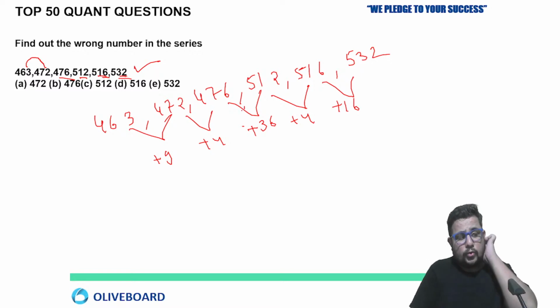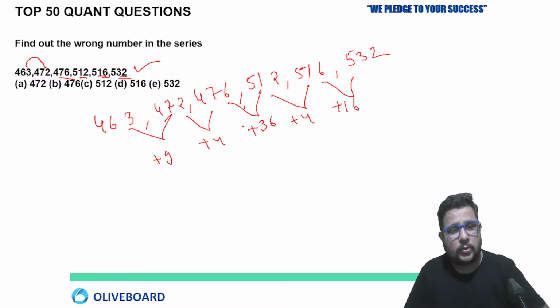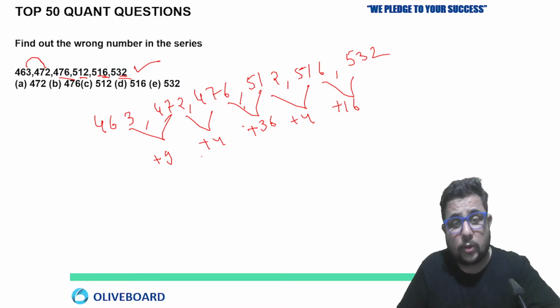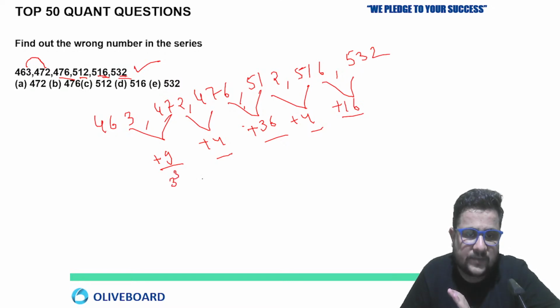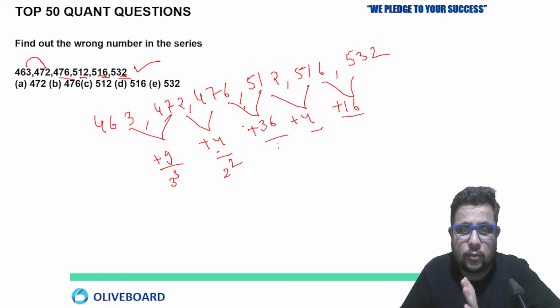So there is nothing common in the differences. They are not perfect squares or cubes, or the prime number concept. We see first 9, then 4, then 36, then 4, then 16. Something odd is going on. But we know that 9 is the square of 3, 4 is the square of 2, 36 is the square of 6, 4 is the square of 2, 16 is the square of 4.